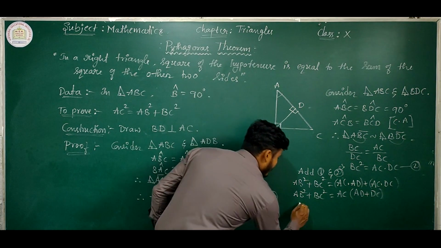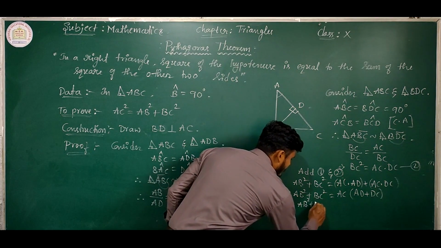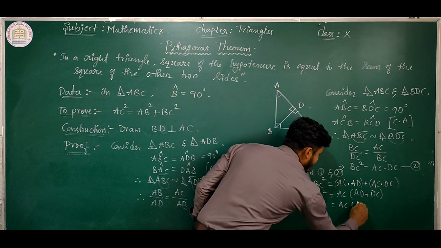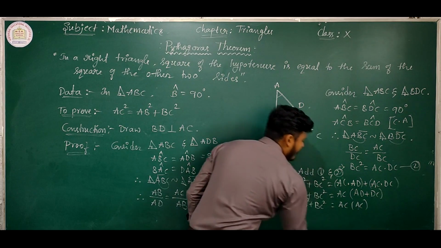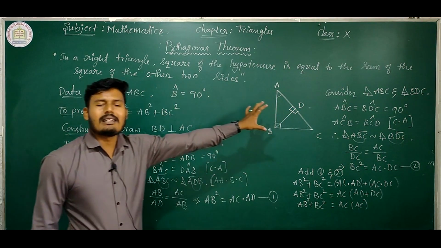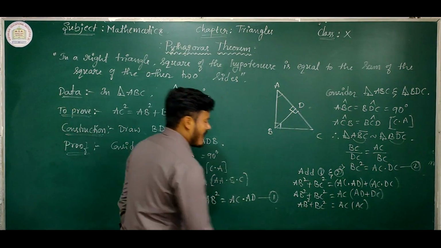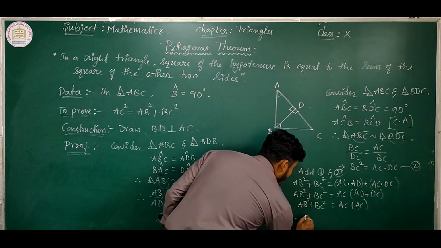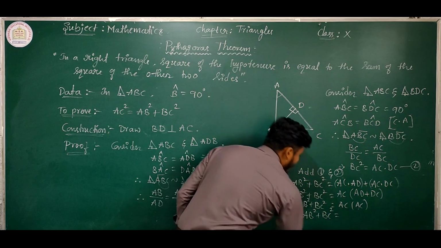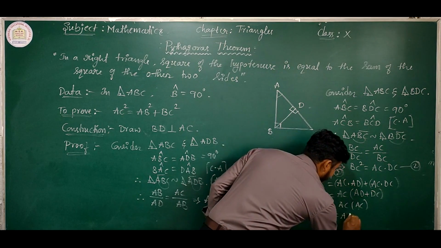So in place of AD plus DC, we can take AC itself, because in the figure AD plus DC is equal to AC. So now therefore AB square plus BC square is equal to AC into AC, which is AC square.